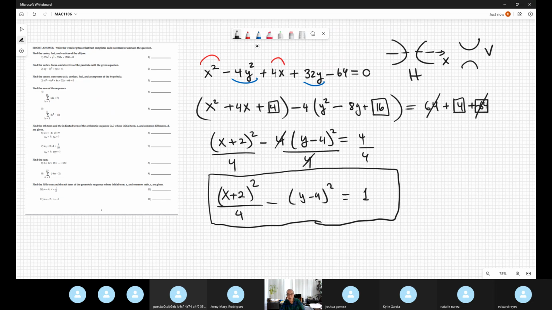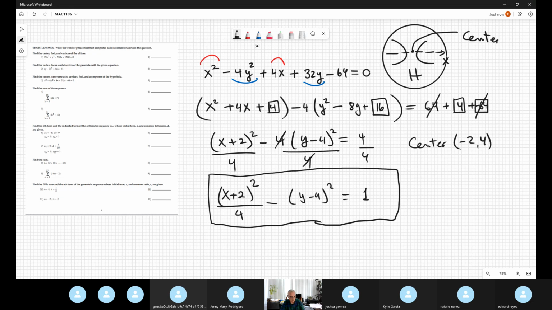So this hyperbola looks like that, horizontal. The reason is that the positive term is associated with the x. The center is located at the point h comma k, which is minus 2, 4.